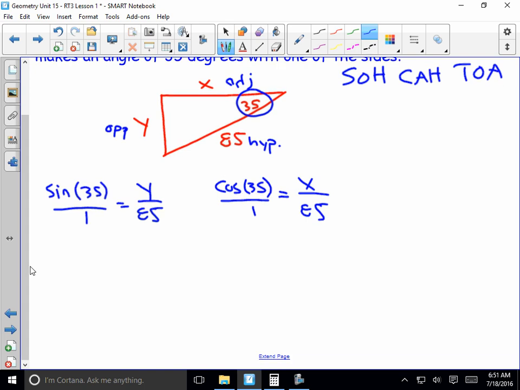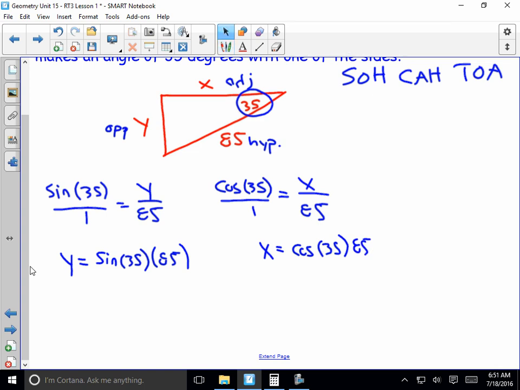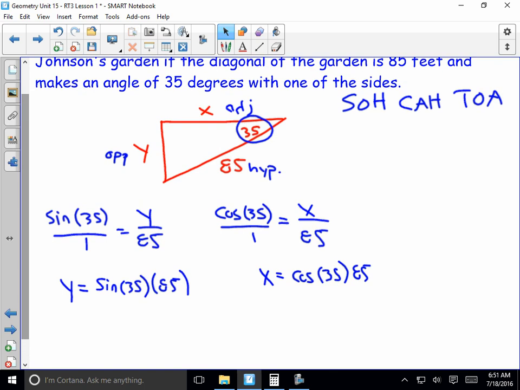Okay, so in both of these cases, we cross multiply. y equals the sine of 35 times 85. x equals the cosine of 35 times 85. So we're finding these values overall, and we're just going to round to the nearest foot.